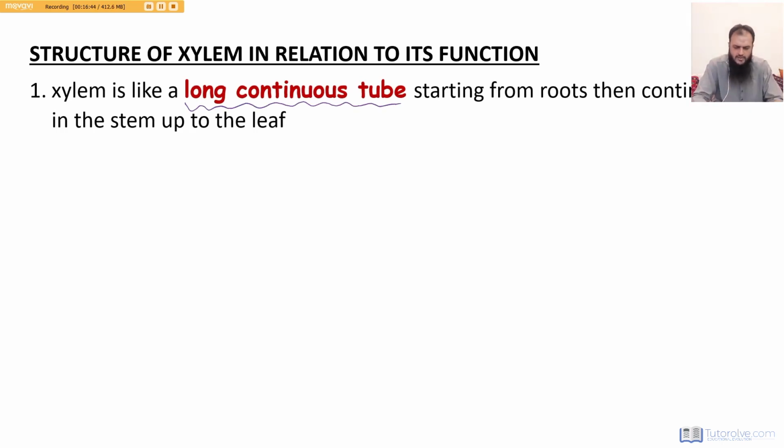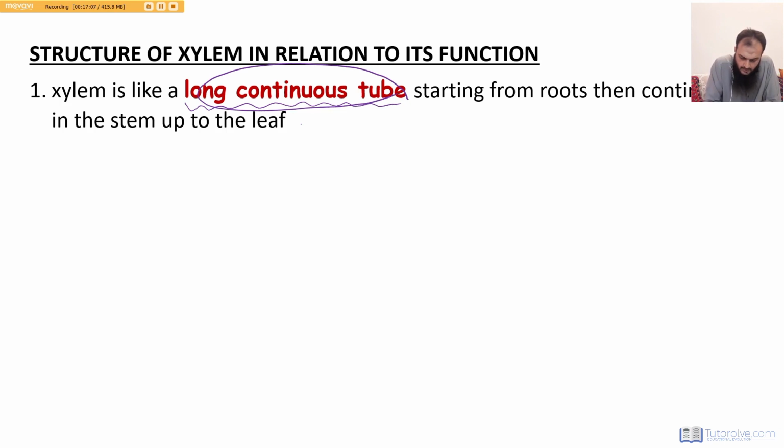Okay, now the words that you can see in the colored form are basically key or hit words that the examiner will look for and give you marks. So make sure that whenever you're in the process of learning this, you literally memorize all of these keywords. Okay, so the first point that you can see is it says xylem is like a long continuous tube.